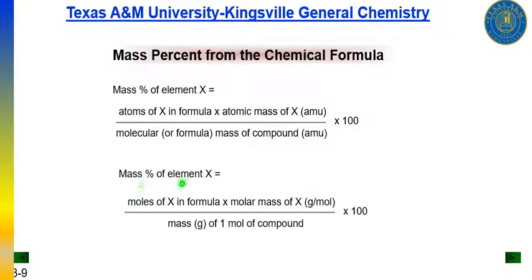The mass percent of your element equals the moles of your element in the formula multiplied by the molar mass of your element in grams per mole. Or you can also use AMU, that's a relative number. And then you divide it by the molar mass of your compound. Again, you multiply by 100%.